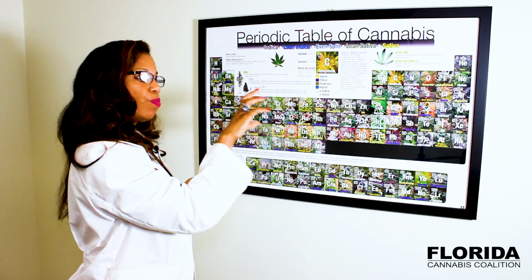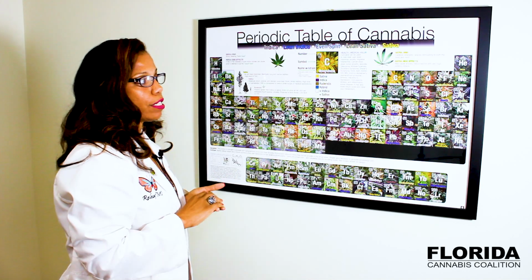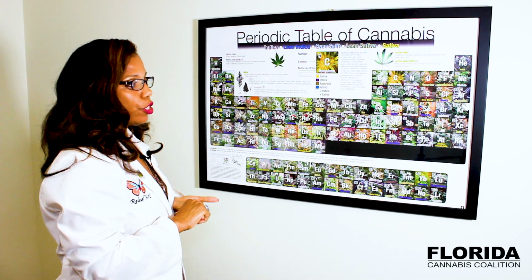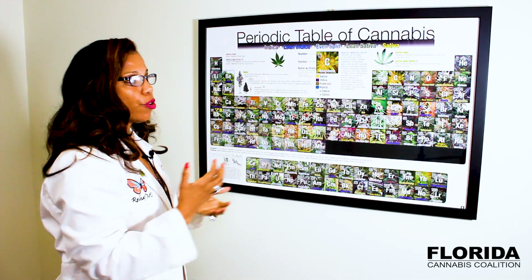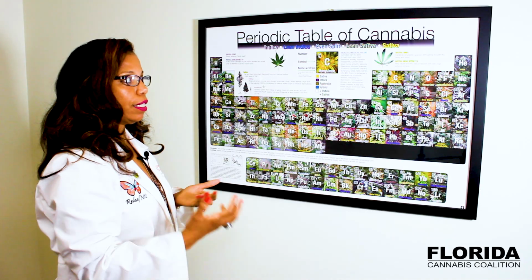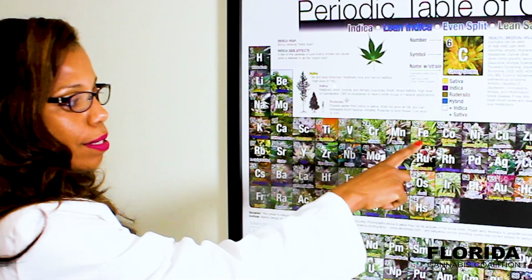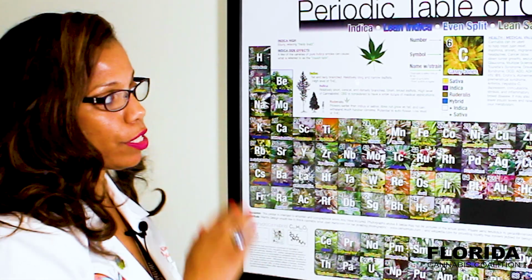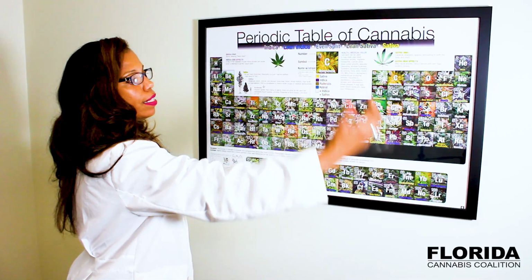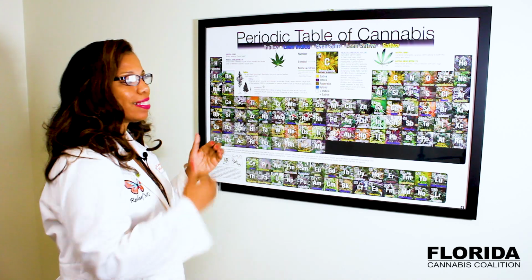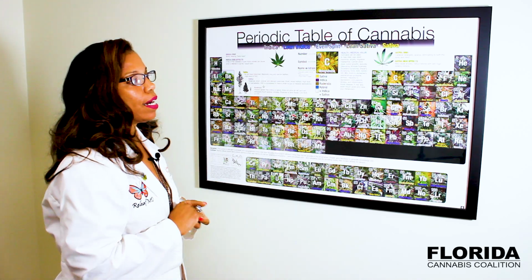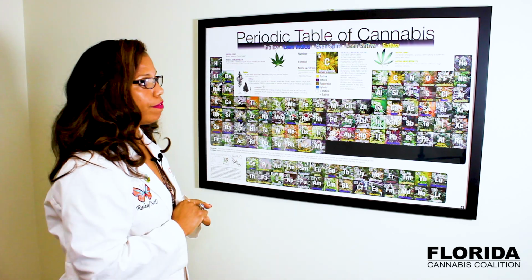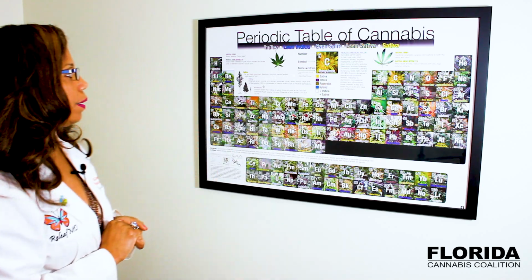And as you may notice, or as your experience may have taught you, you tend to gravitate towards the leaner sativa anyway. This is why something like Girl Scout cookies is so important, because it is a lean sativa. So you don't have as much of the anxiety and the hallucinations, and it's more of a balanced sativa.